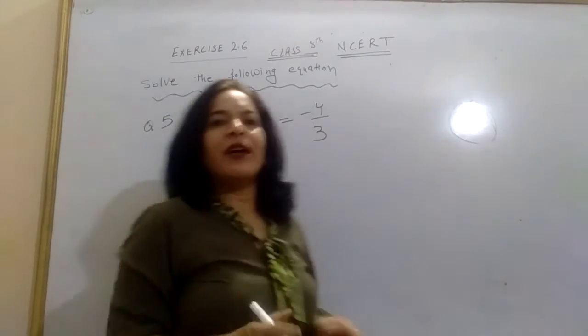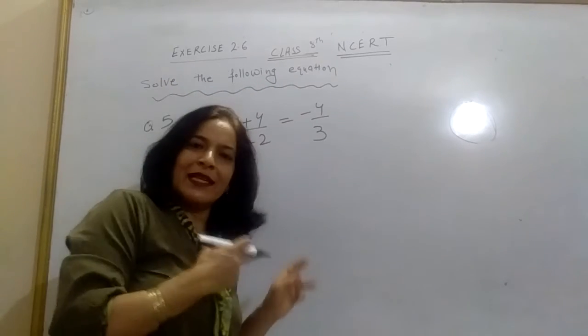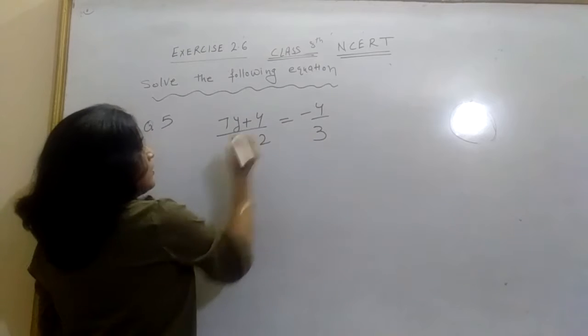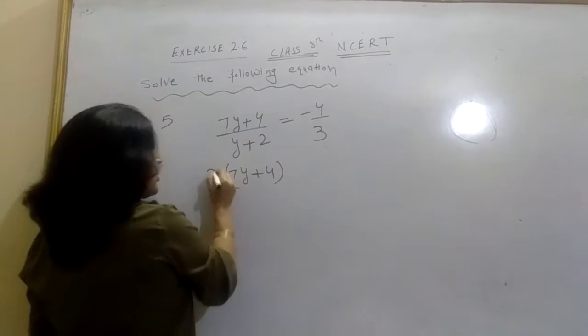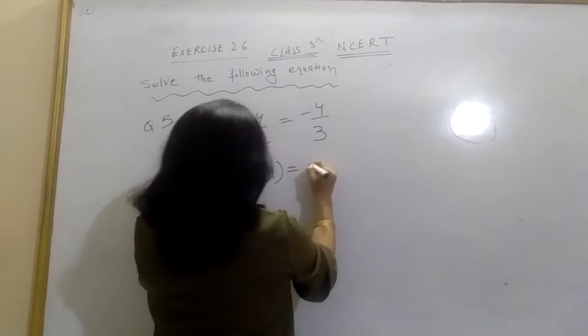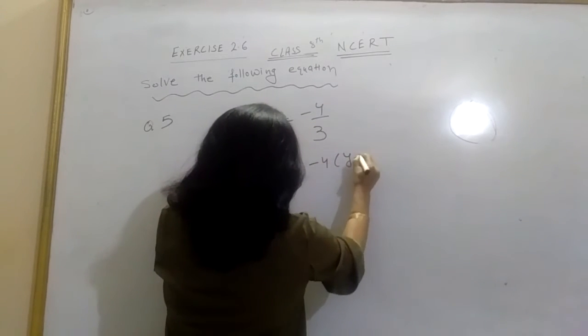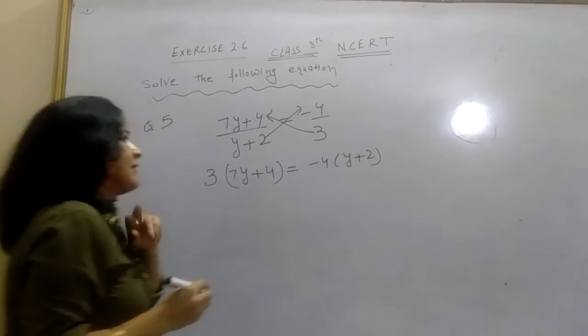Now you are familiar with how to solve this type of question? Yes, by cross multiplication. So 7y plus 4 multiplied with this 3 and this y plus 2 multiplied with this minus 4. We will cross multiply like this.